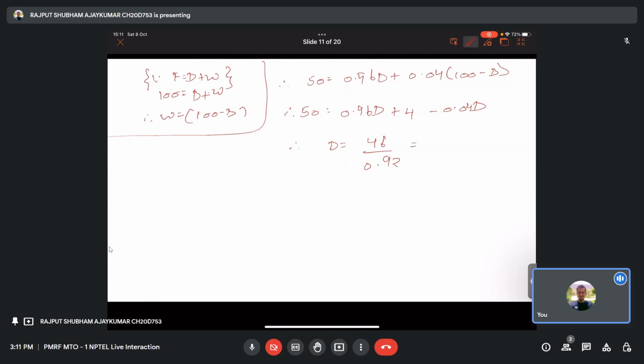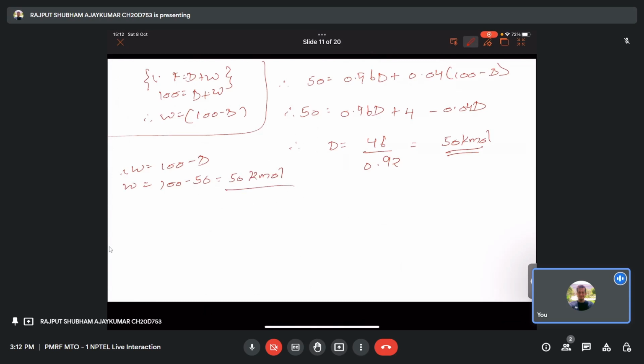This turns out to be 50 kilomole. So D is 50 kilomole, and W is equal to 100 minus D, equal to 100 minus 50. That turns out to be 50 kilomole of the residue, which means the rates of residue and distillate are the same.